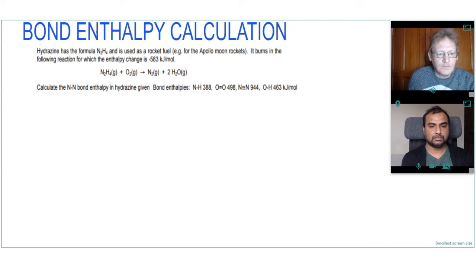So we've got hydrazine, which the question tells us has an N bond if we weren't sure about the structure of it. And then we've got 4 hydrogens.